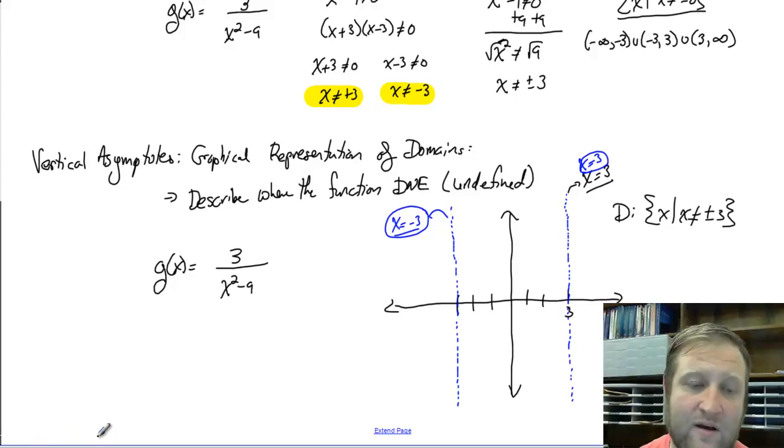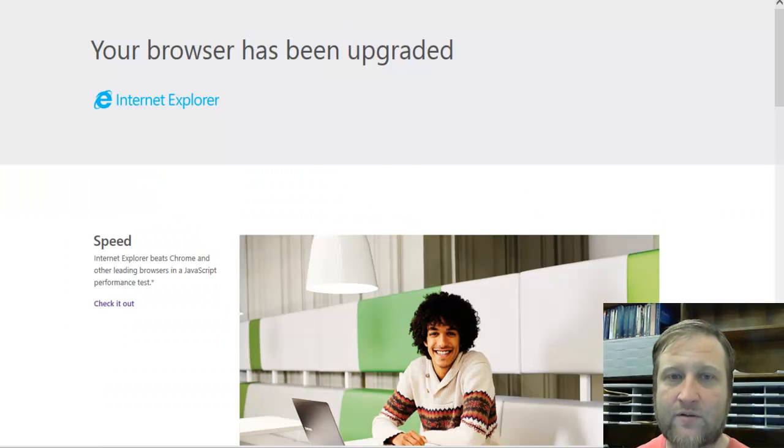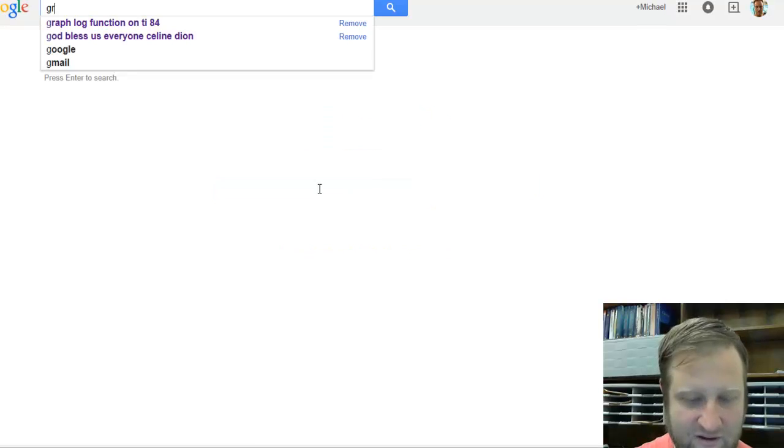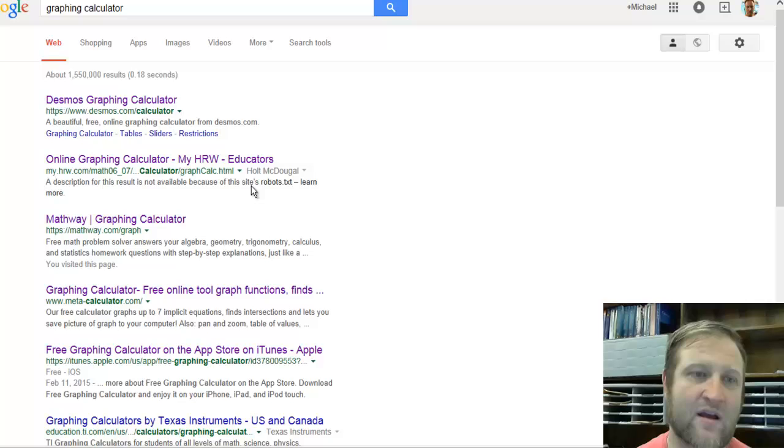But now it's awesome because you can actually go on Google and just search for a graphing calculator. So we're just going to search graphing calculator. I've done it once before, and I really like this Desmos one. I've searched a couple of them, but I've appreciated this one.